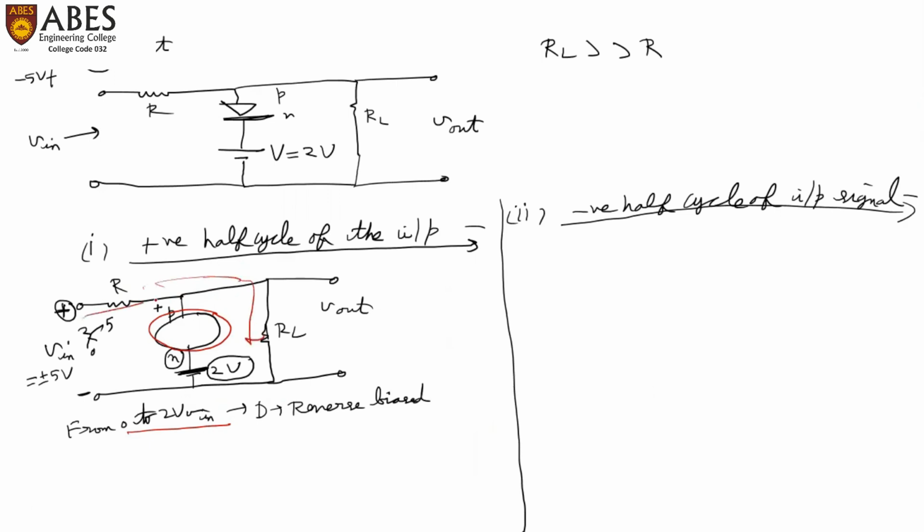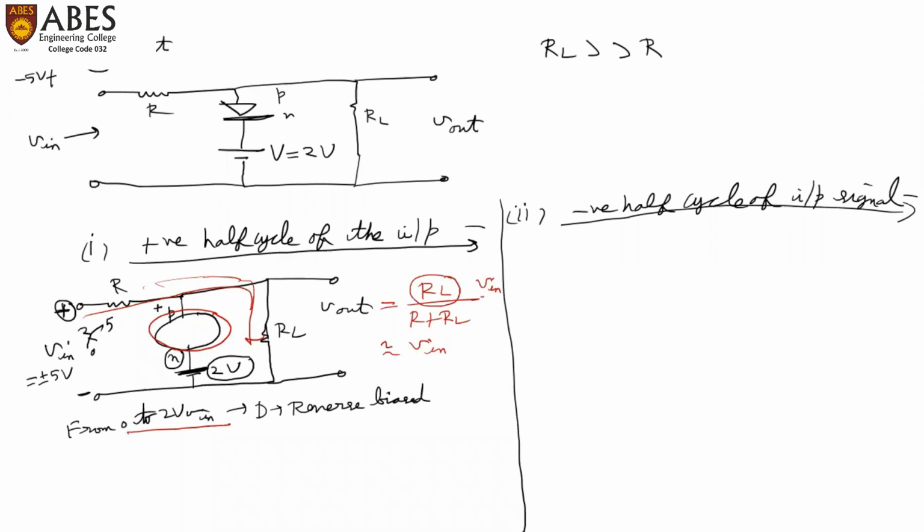So the output voltage will be across R and RL, and V output will be RL upon R plus RL into V in, and we have already said that RL is much higher than R, so it will be nearly equal to V in, right?